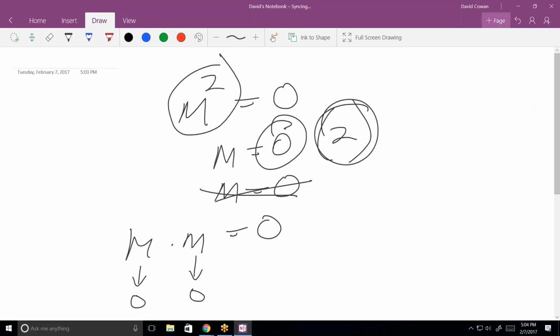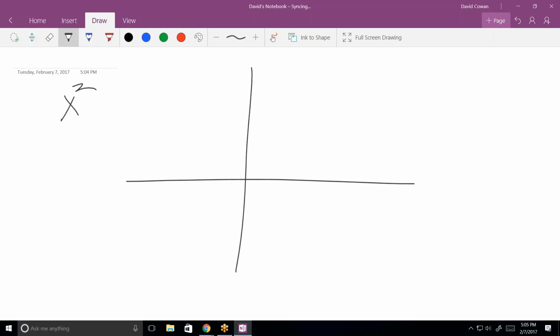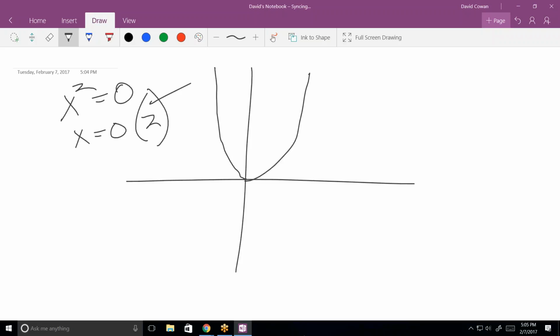Now, just for your information, multiplicity does have something to do with the graph. If I say x squared equals 0, that means x equals 0 with multiplicity 2. If you have an even multiplicity, it's not going to go through the x-axis. It's going to kiss it and bounce off whenever you have even multiplicity.